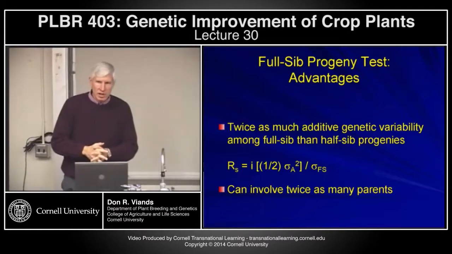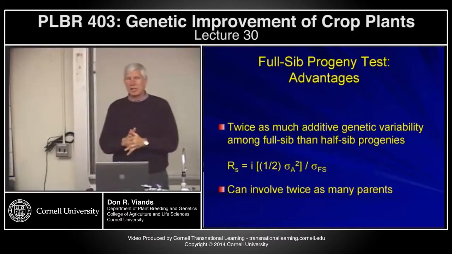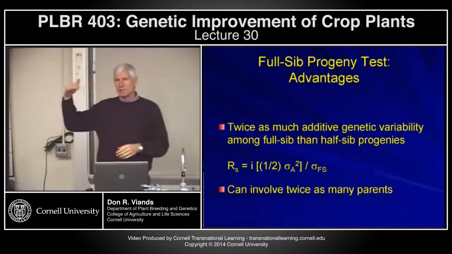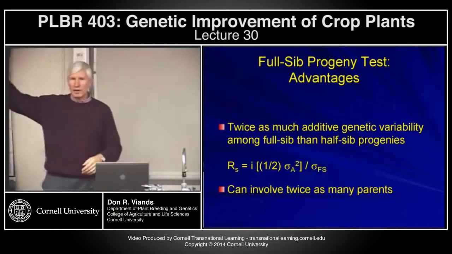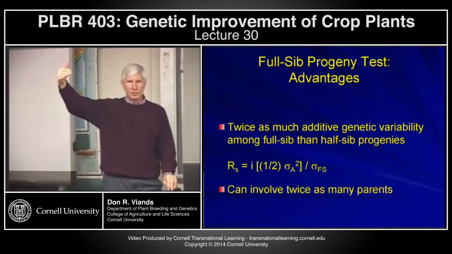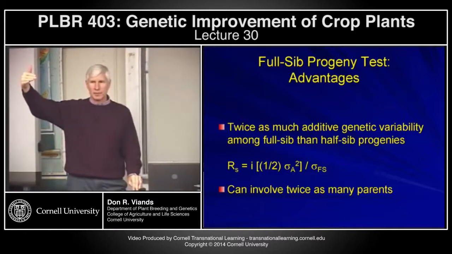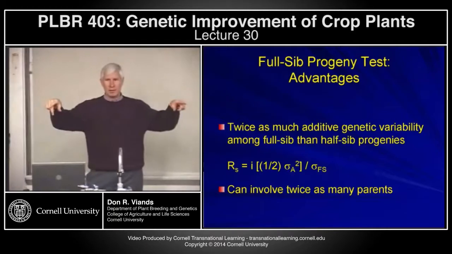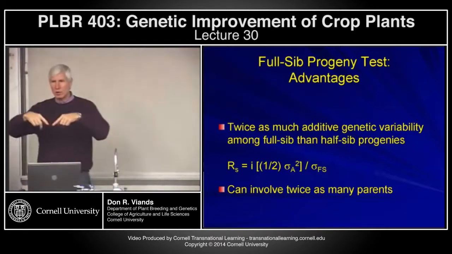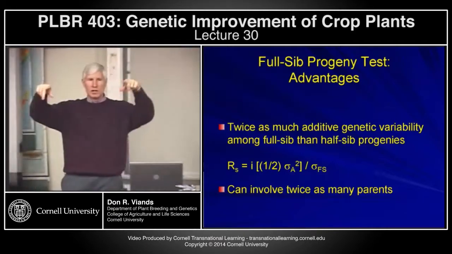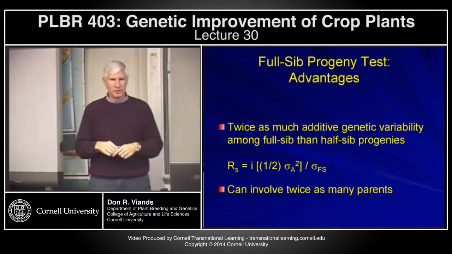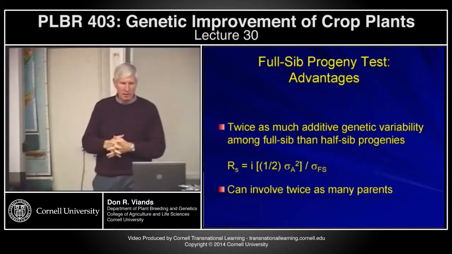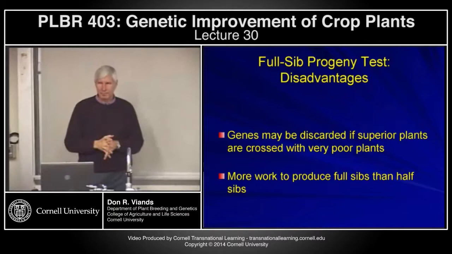Another advantage, which is kind of minor but still an advantage, is that for every half-sib progeny row, you're really evaluating one parent plant's performance, or genetic potential rather. With a full-sib progeny, you're evaluating twice as many parent plants, because for each progeny row, you're evaluating the average genetic potential of two parents. So you can involve twice as many parent plants in essence.